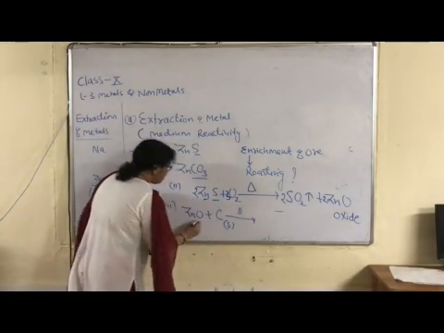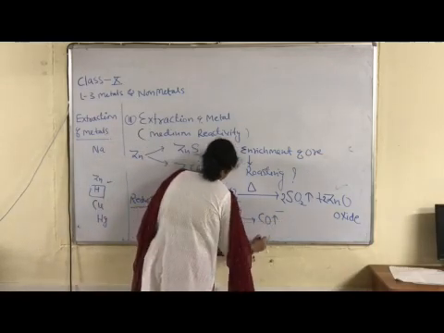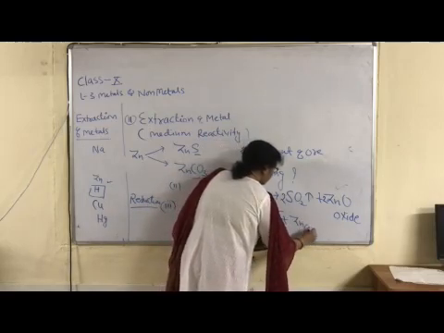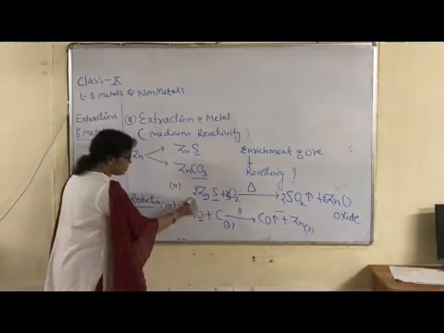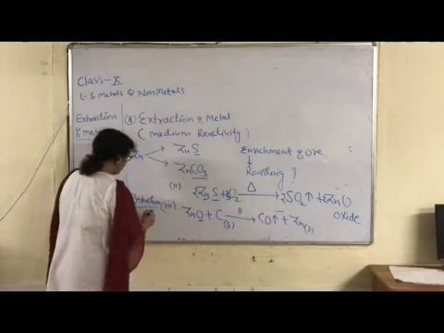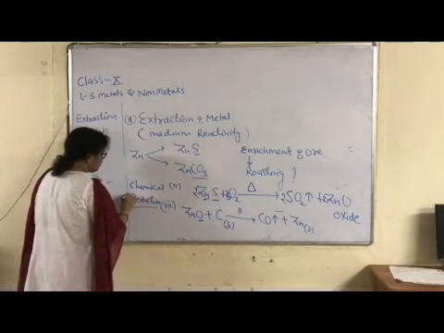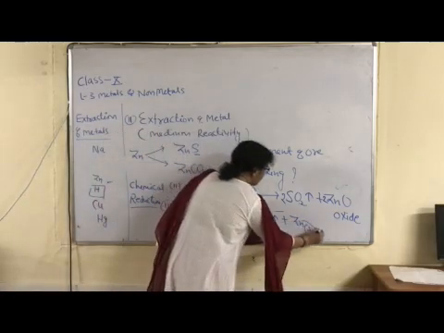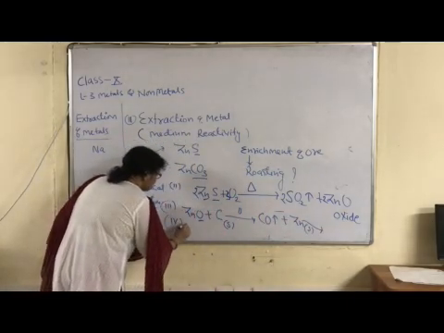Then oxygen is removed as carbon monoxide and zinc oxide is reduced into zinc metal. This process is the reduction process. Here a chemical, coke, is used as reducing agent, so this is called chemical reduction. And the last step is refining of this zinc metal. It is not 100% pure, so refining is done.